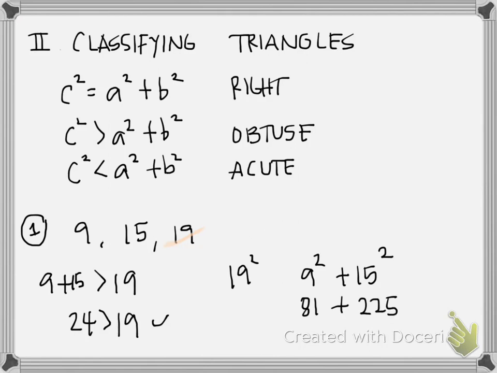And 19 squared is 361. So 81 plus 225 is 306. So 361 now is going to be greater than 306. So that means that this triangle is going to be an obtuse triangle.